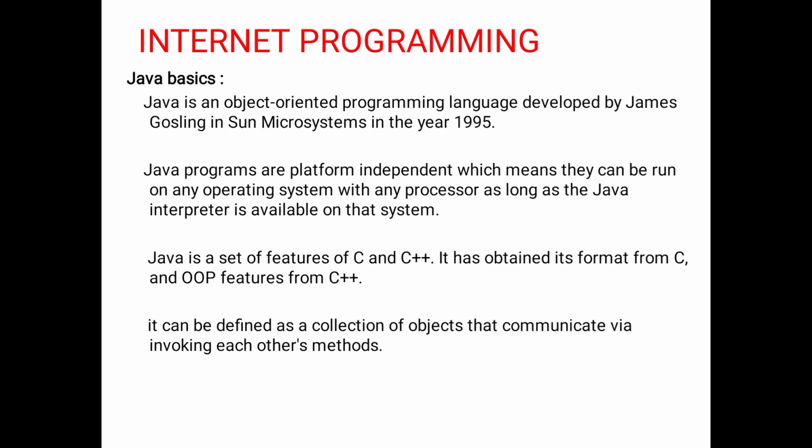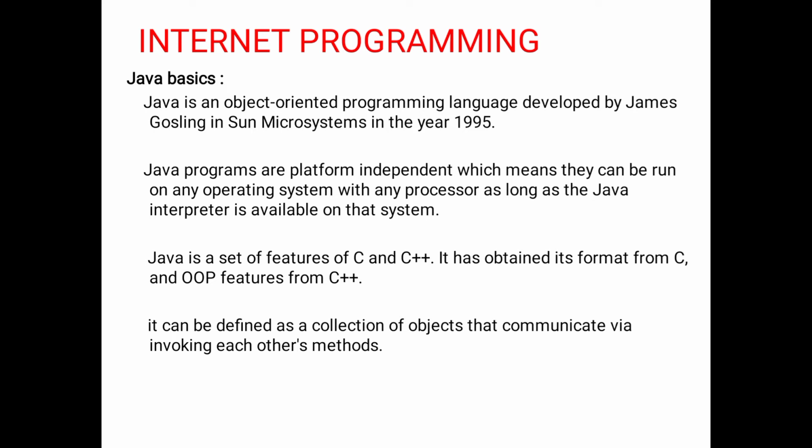And the next concept is what are the basics of Java, right? So here Java is an object oriented programming language developed by James Gosling at Sun Microsystems in the year 1995, right?